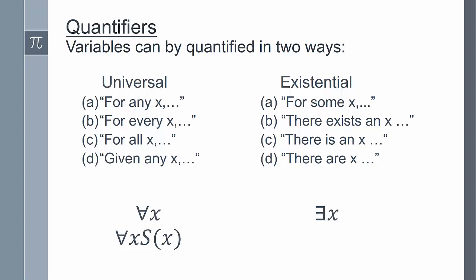The existential quantifier is the backwards capital E. When we see this symbol, backwards E, X, it can be interpreted like the statements above: for some X, there exists an X, there is an X, and so on. Just as with the universal quantifier, we can use this in mathematical statements about X. We would say something like, for some X, S of X: for some X, statement S about X.